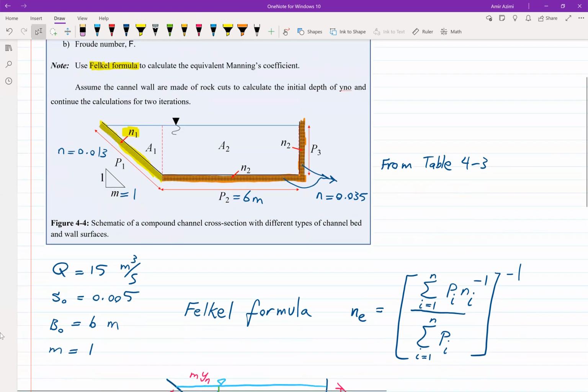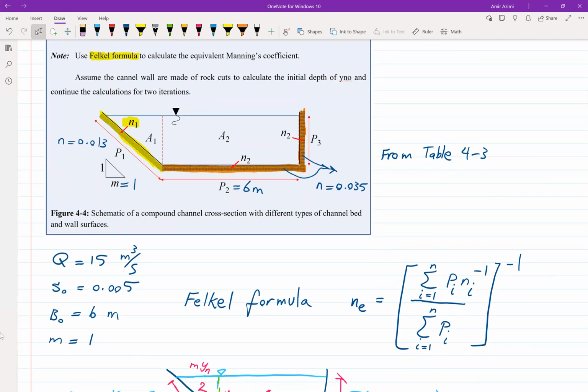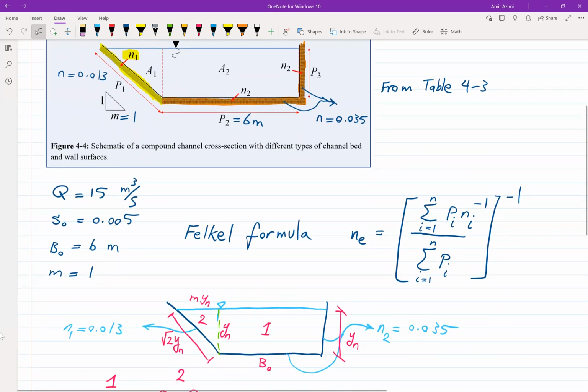The Felkel formula gives us a value for equivalent Manning roughness, which depends on the wetted perimeter. We don't have the wetted perimeter because we don't have the normal depth. So we can do trial and error.